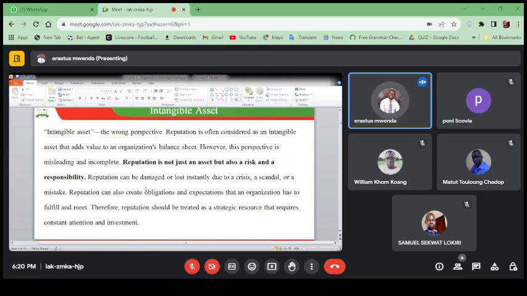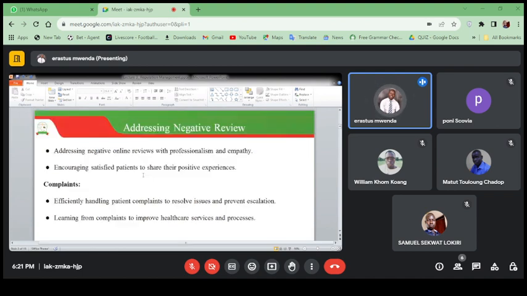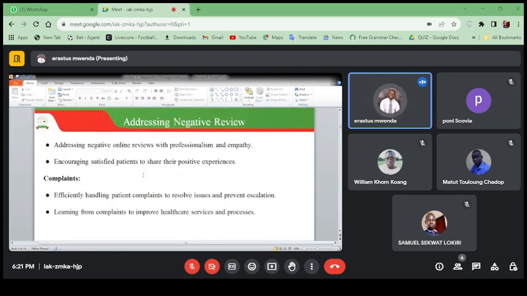We could also engage in community engagement activities, what we call corporate social responsibility activities, and also ensure great customer service for the clients and customers to be able to enjoy our services and enjoy the work that we are doing as a healthcare organization.